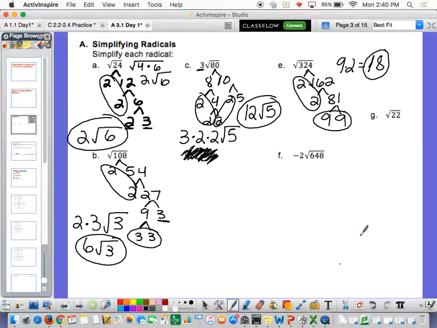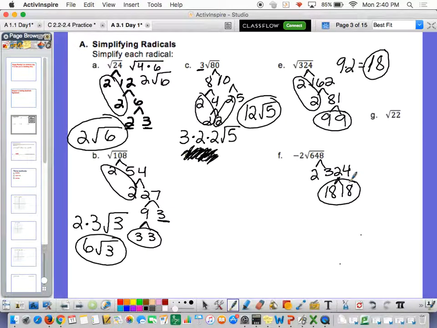On this next one, same thing. 648 breaks down into 2 and 324, which, if you caught this, did you catch it yet? How about now? Oh, yeah, that's right. It's exactly what you just did. 324 breaks down into 18 and 18, because that's what we just learned from up in that example.